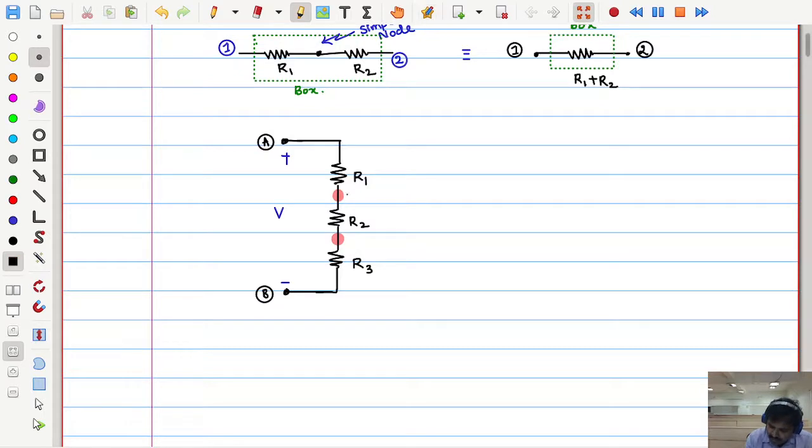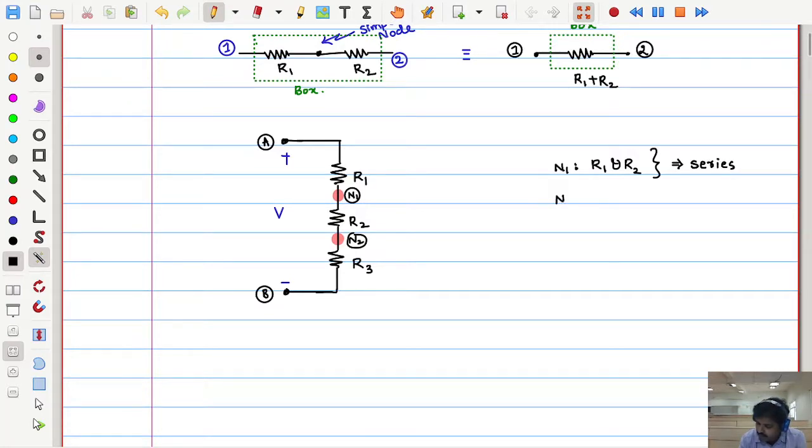Now try to observe, there are nodes between these. What kind of nodes are these? Let us say this is N1, this is N2. N1 is a simple node connecting R1 and R2. Can I say N1 is connecting only two elements, thereby R1 and R2 are in series.